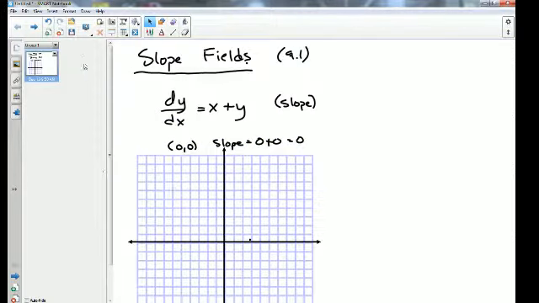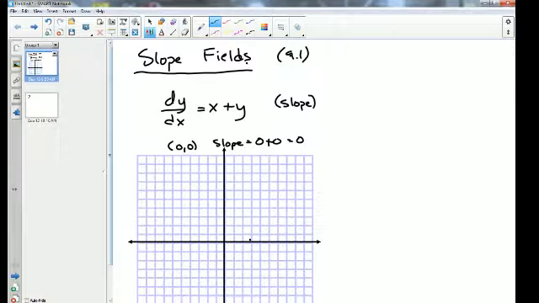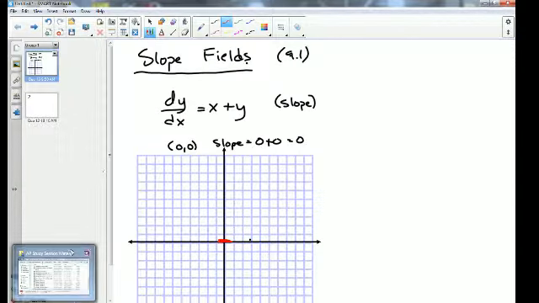At this point, 0, 0, draw a little tick mark with slope 0. That's it. This is just a little slope of 0, right? Because it's flat. And we're just going to continue that process with the rest of the points on our grid.